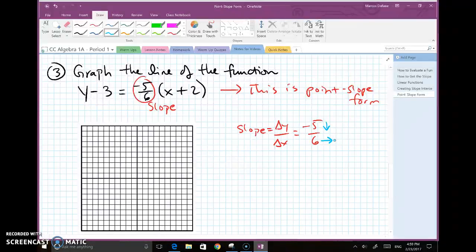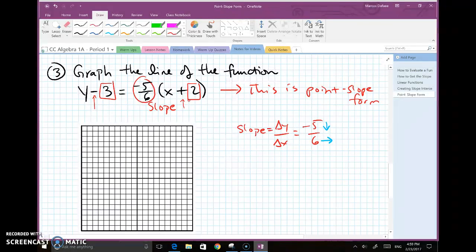Now, the point will come from this number here and this number here. But I want you to take note of something. This over here is a minus right here. That's a minus 3, whereas on the 2 there's a plus, and there's a reason for that.